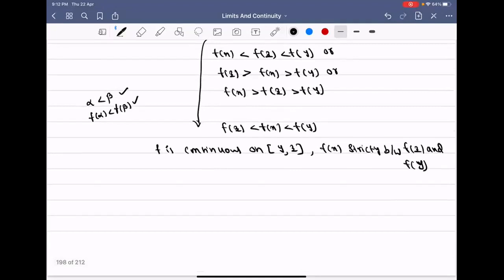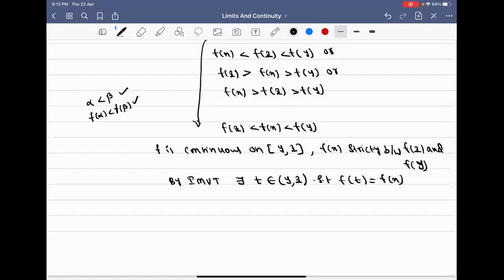Right. Now by the intermediate value theorem, there exists some t belonging to the open interval (y, z) such that f(t) is equal to f(x).